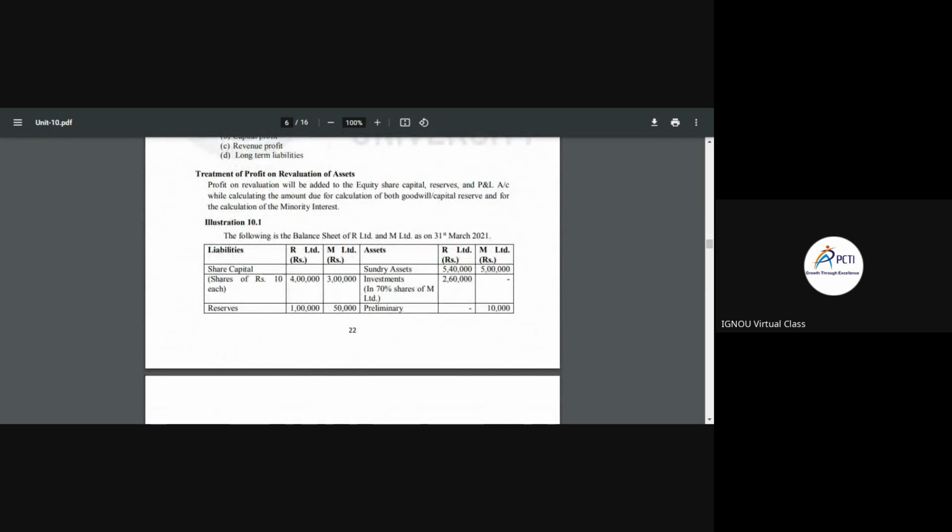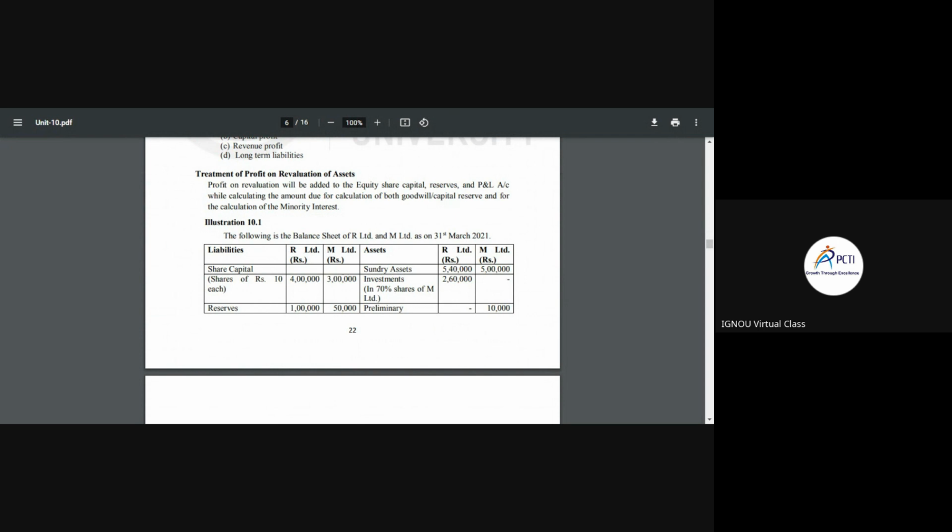Next is the treatment of profit on revaluation of assets. In the case of revaluation, when our assets are revalued each year, we need to analyze them. If our asset is appreciated, we add the value, and if it is depreciated, we deduct it from that value.